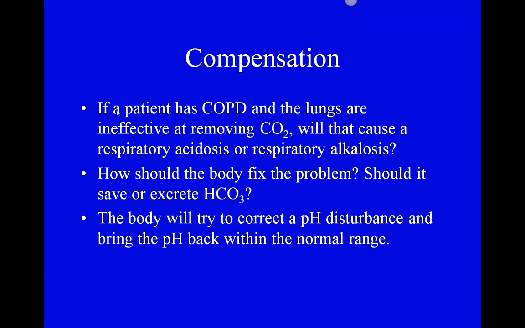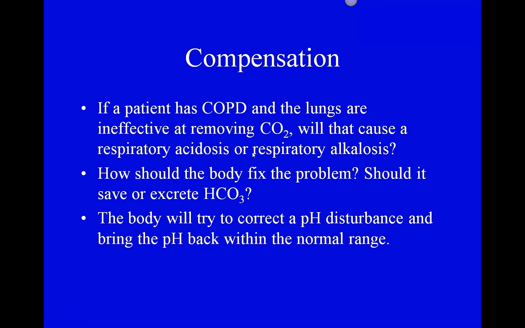Here's an example of when we might need compensation. If a patient had chronic obstructive pulmonary disease like emphysema, and the lungs aren't good at removing carbon dioxide, that would eventually lead to a respiratory acidosis. Increased carbon dioxide moves the pH in a downward or acidic direction. To fix the problem, should the kidneys save or get rid of bicarb?